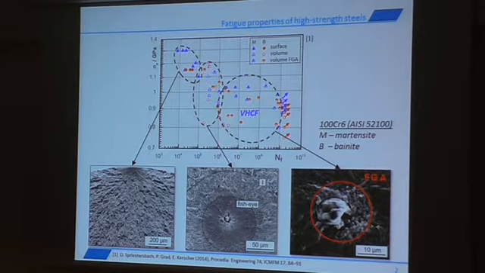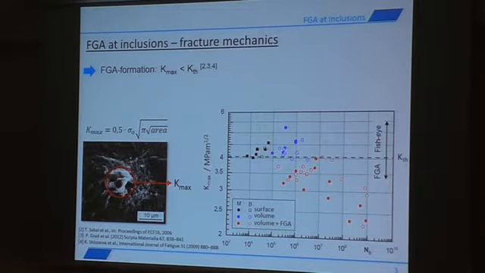And if we take a look at the stress intensity factors at the initiating inclusions, we see that the formation of the FGA only occurs if the stress intensity factor at the inclusion is lower than the threshold value for long crack propagation of our material.